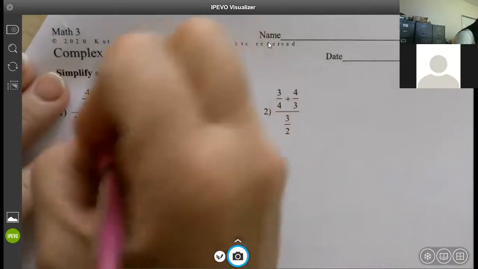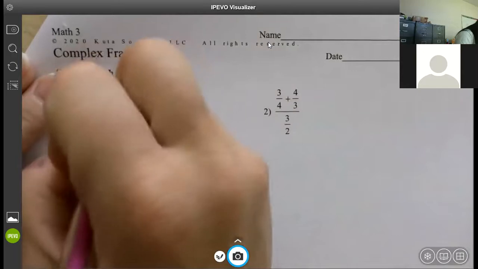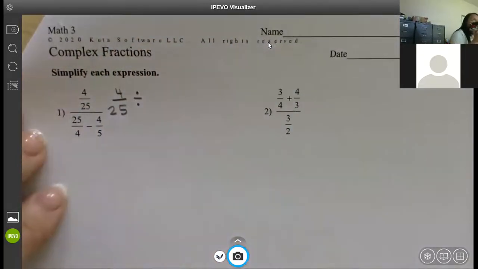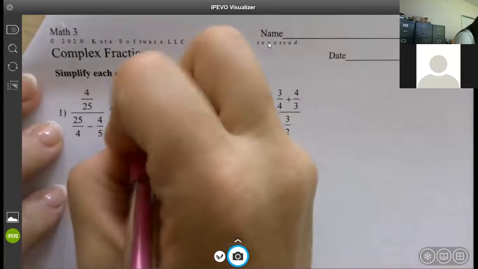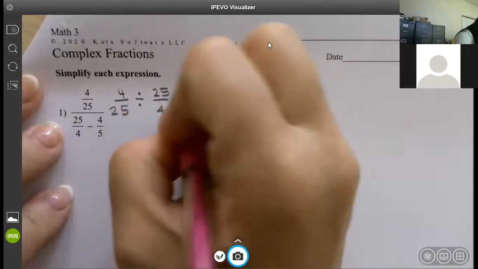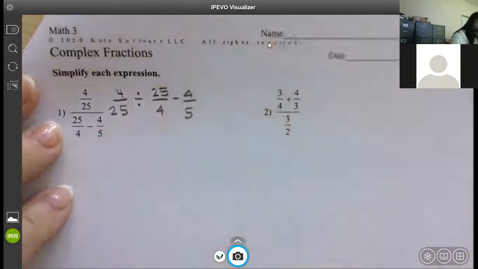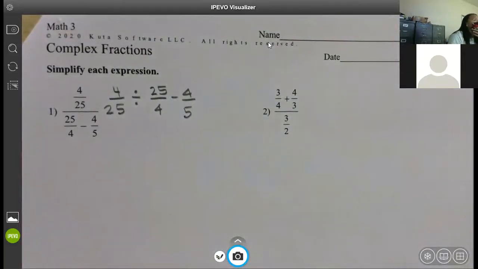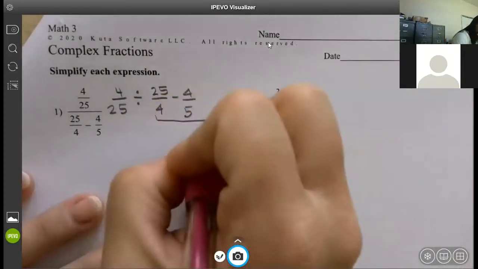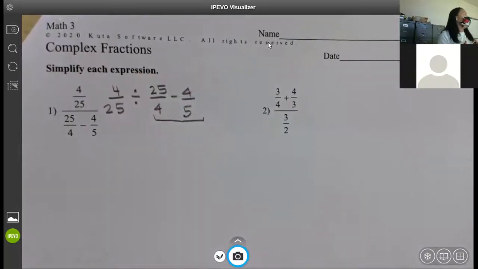So what you actually have here is the same thing that we did a couple days ago. We're going to have the top divided by the bottom. The top divided by the bottom. We want to simplify what we can. And I am going to go ahead and simplify this in the calculator.